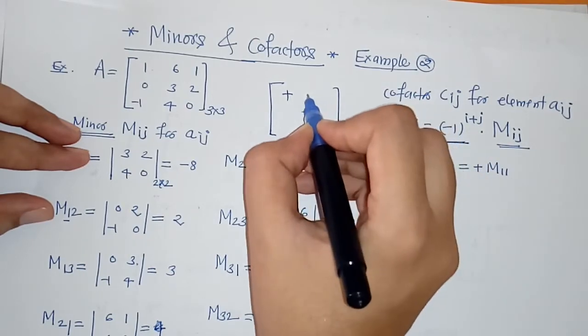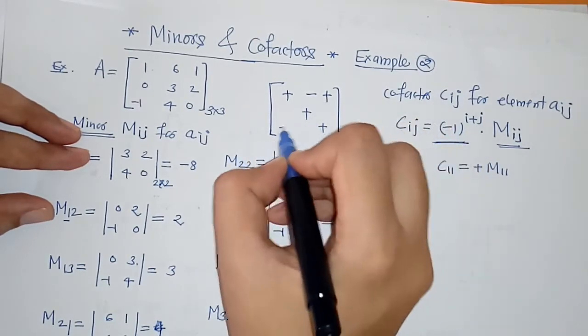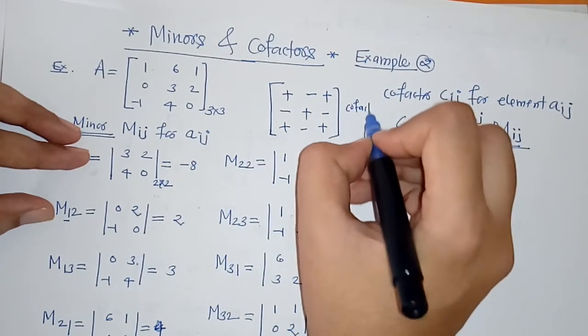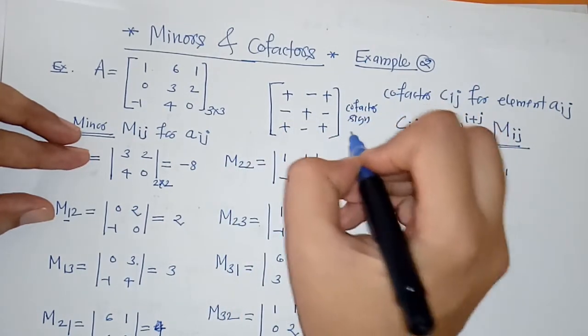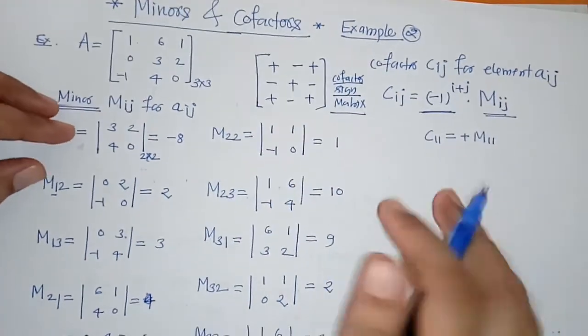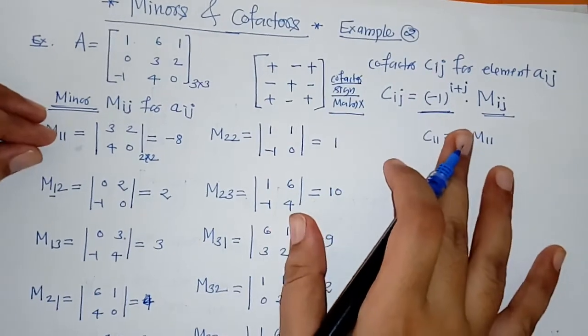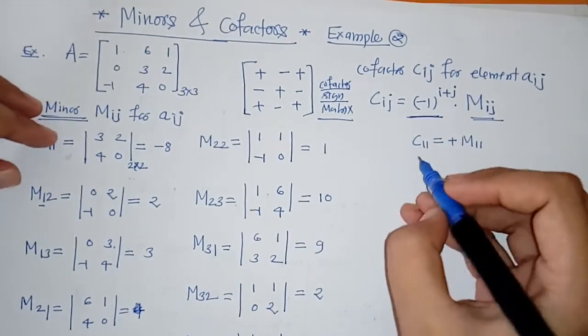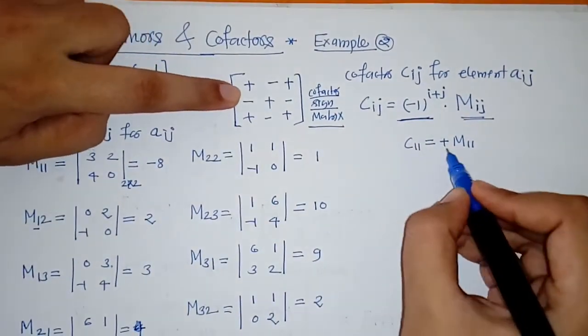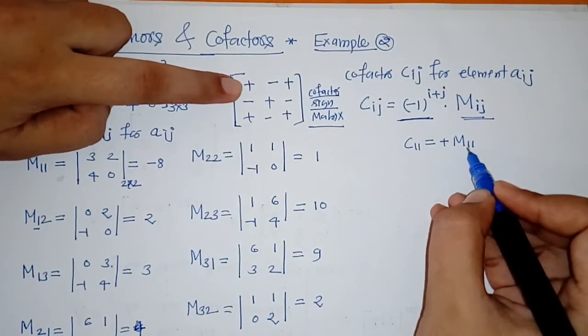We have called this matrix a cofactor sign matrix. This is only done for our simplification.